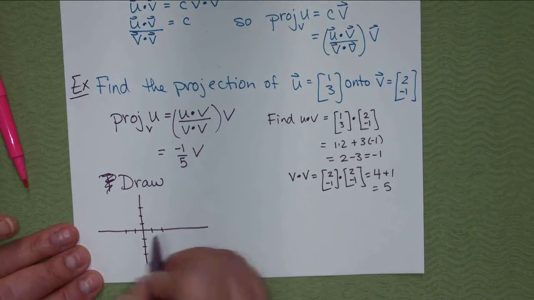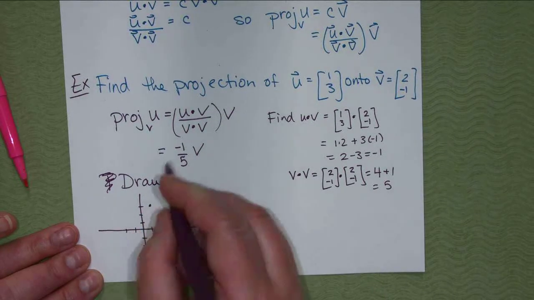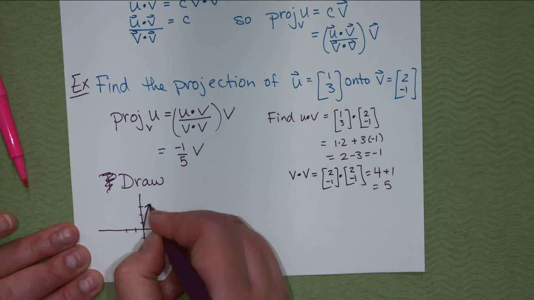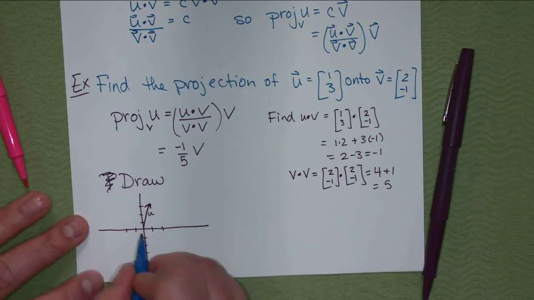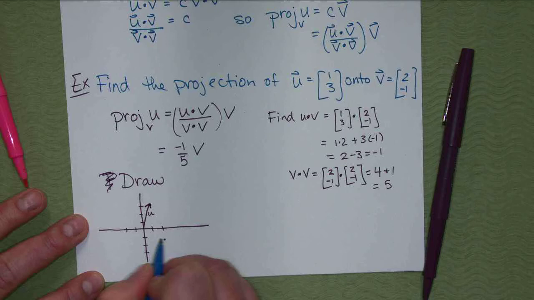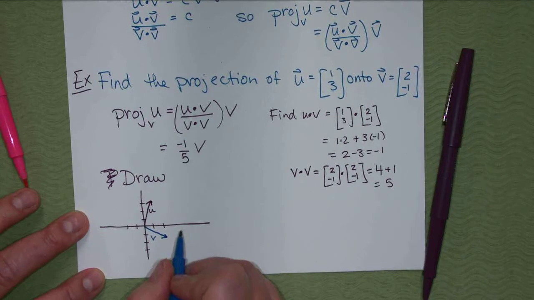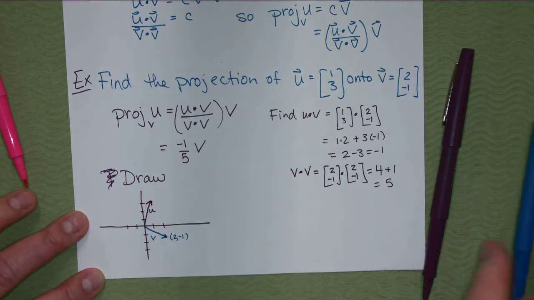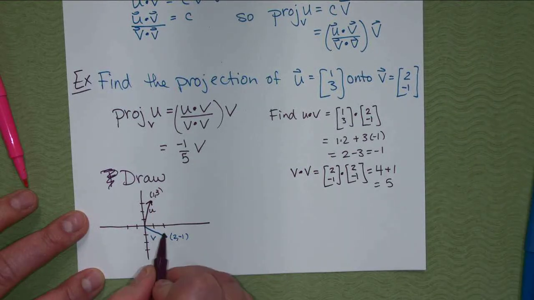So U is 1 and 3. And V is 2, negative 1. Oh, I went down a little far, but it should have ended about there.